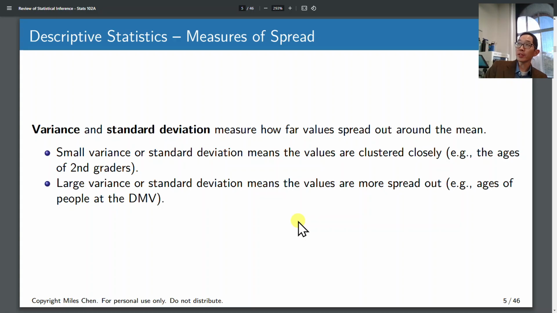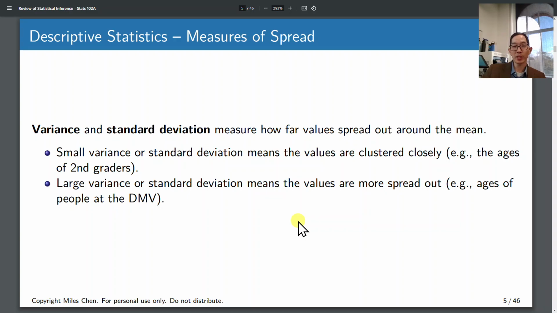The other things we have are ways to measure spread. Spread is how far out the values are spread around the mean. The variance and standard deviation measure how far values are spread around the mean. We have other measures of spread, range and IQR and things like that.